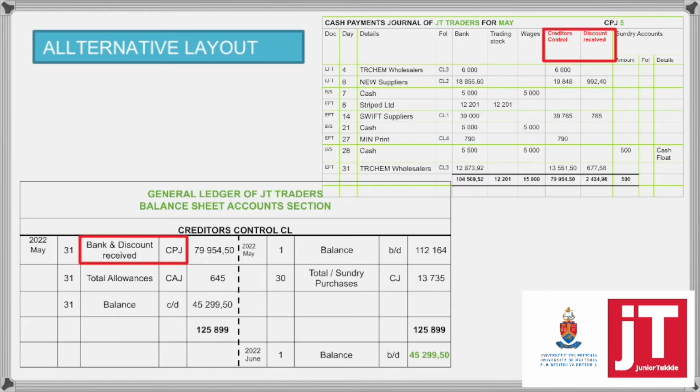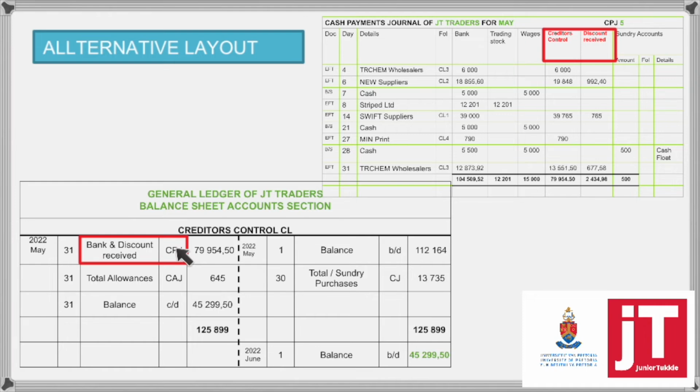Now, if we look at the alternative layout for the CPJ, all the other posting will work exactly the same. You still have your balance on the credit side. CJ will still be on the credit side. Allowance is still on the debit side. The only thing that changes is the way you record it in your control account.